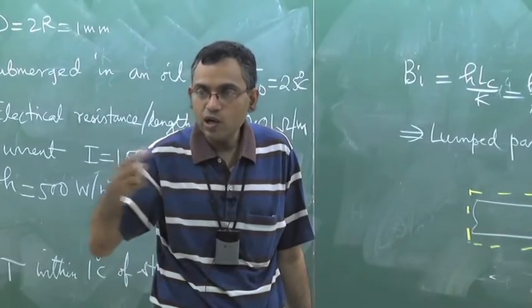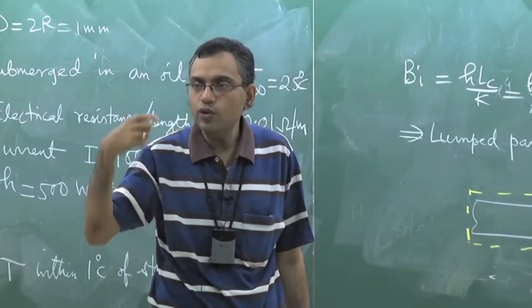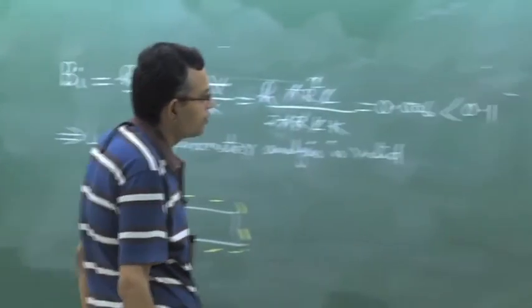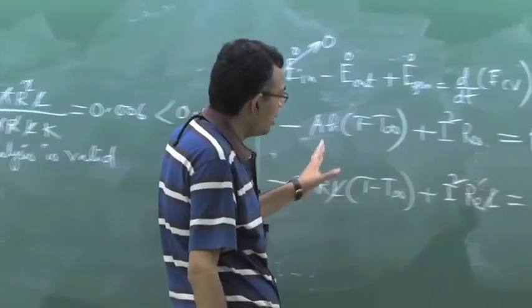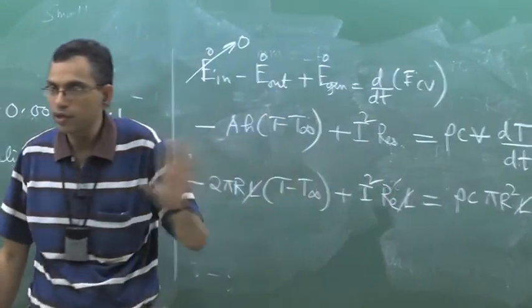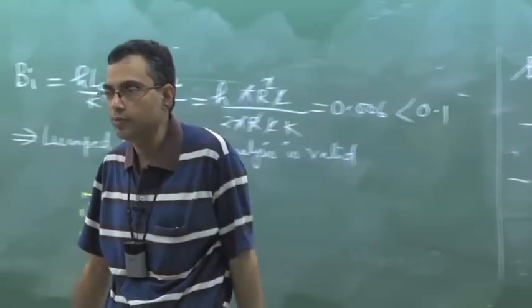It is given that it is a long wire, otherwise it will not be a one dimensional problem. In fact, one dimensional here becomes zero dimensional, it is not even one dimensional, it is a zero dimensional problem.